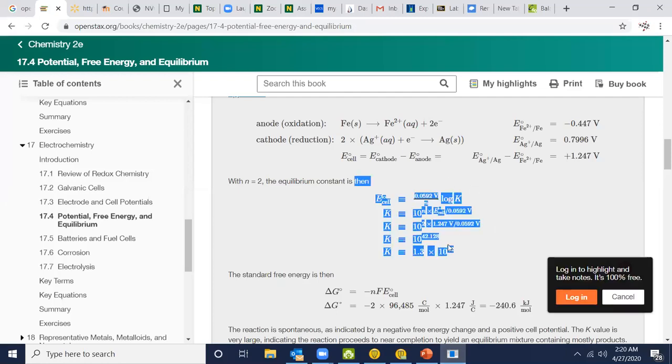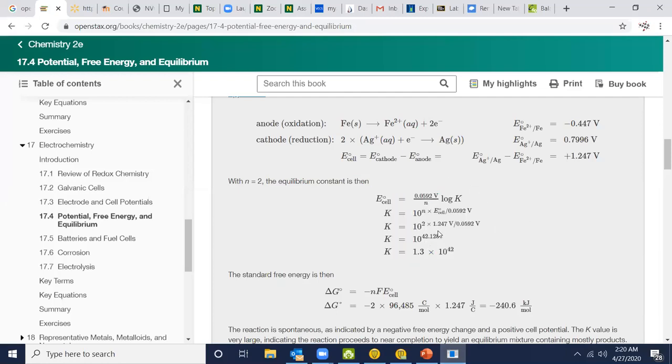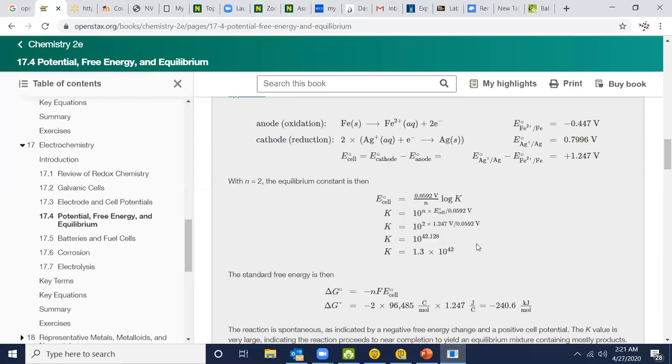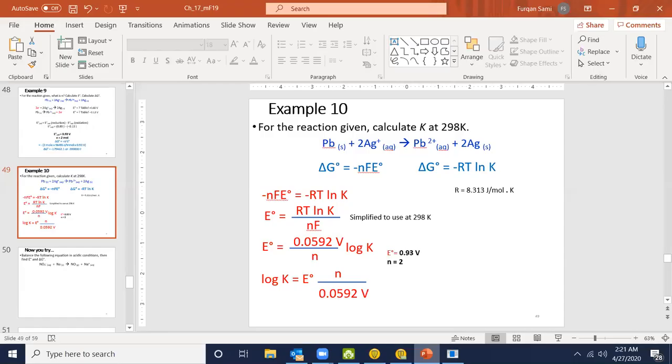This is exactly how we are going to get our K: 10 to the power of the entire stuff here, 2 times whatever the volt is for the E, and then the rest. So I'm going to do the same thing here in our example.